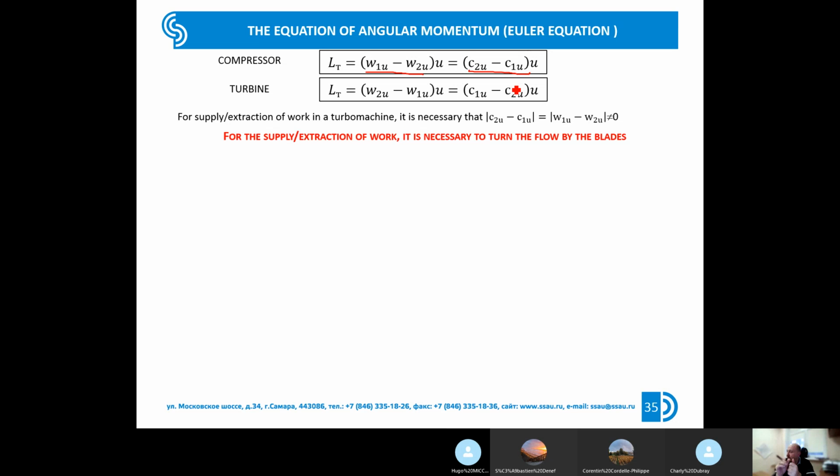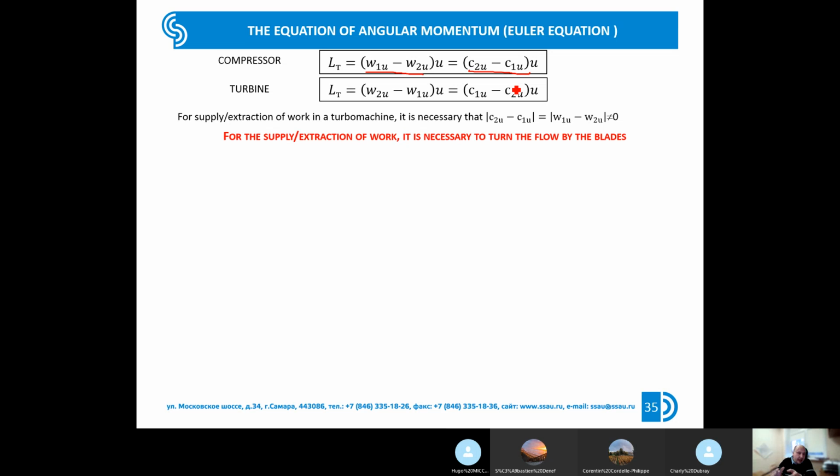It's the first idea. The second idea: let's imagine you calculated that for receiving the energy you need to turn the flow, for example, by 20 degrees. How do you explain to the flow that it must turn by 20 degrees?